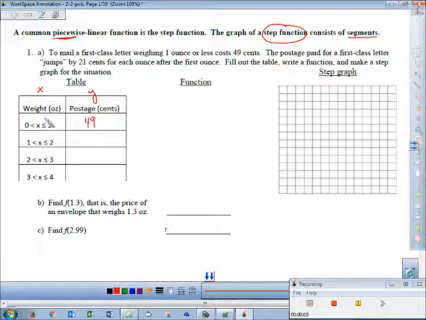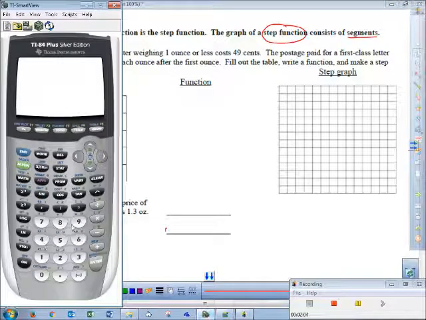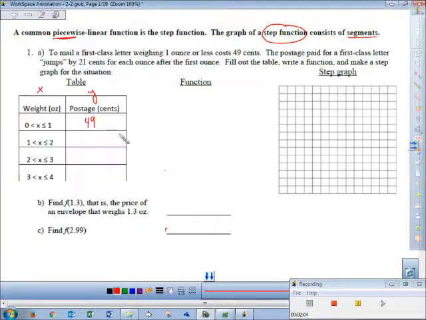So this letter, if it's greater than 0 ounces and less than or equal to 1 ounce, it's going to be 49 cents. Now, if it's going to weigh more than an ounce, but less than or equal to 2 ounces, we've got to add 21 cents to that. So notice here that 1 does not count in this because if it weighed 1 ounce, we were still up in this category. So if I take the 49 cents and add 21 cents to it, that's going to give us a total of 70 cents.